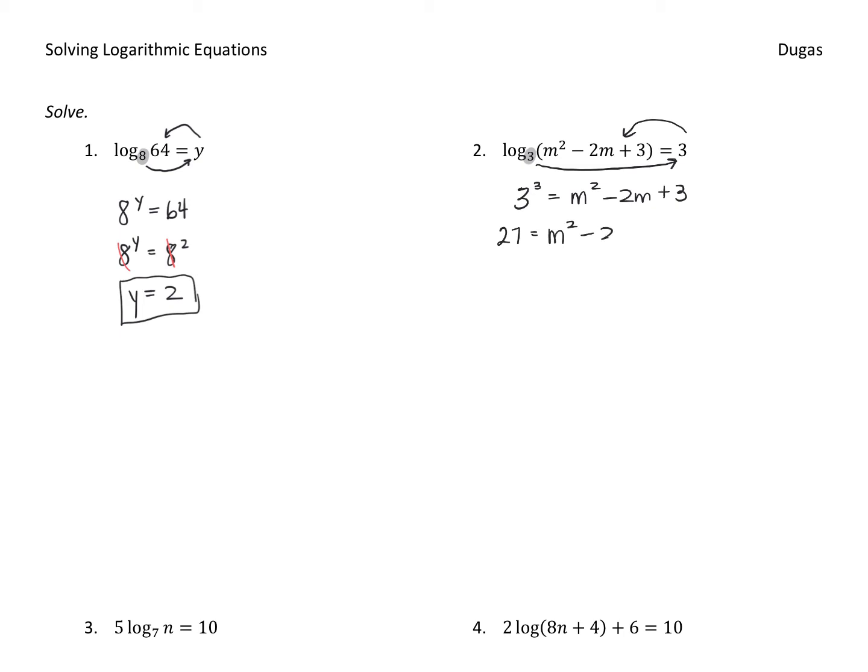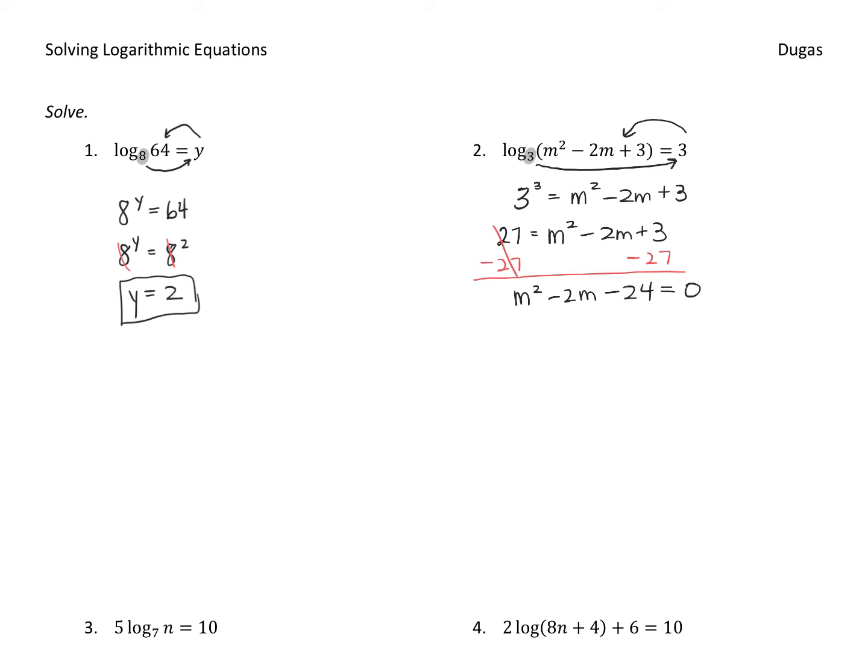Bring everything down on the right. I then want to move the 27 over, so I'm going to subtract 27 from both sides. So I'm going to get m squared minus 2m minus 24 is equal to 0.